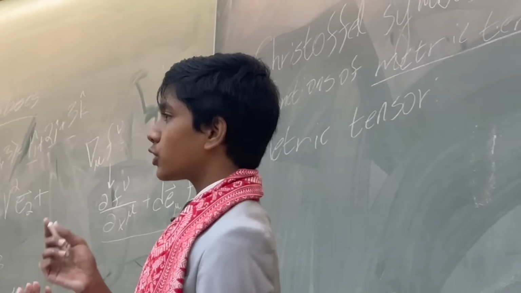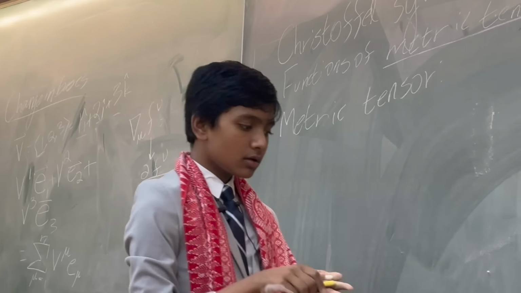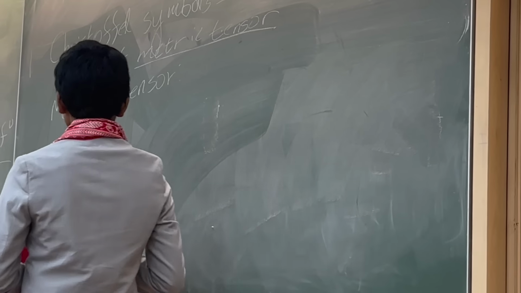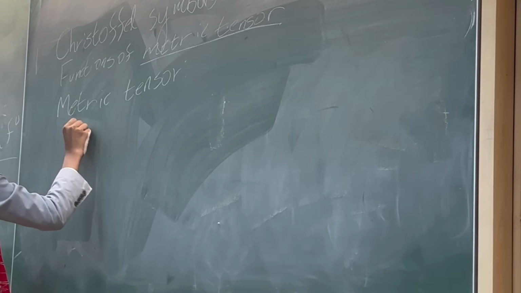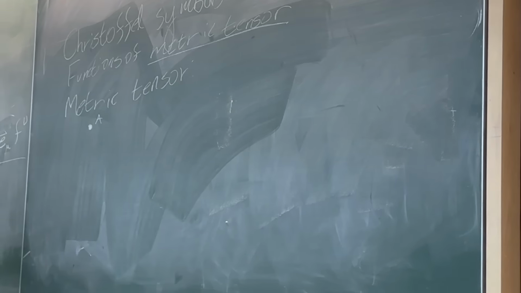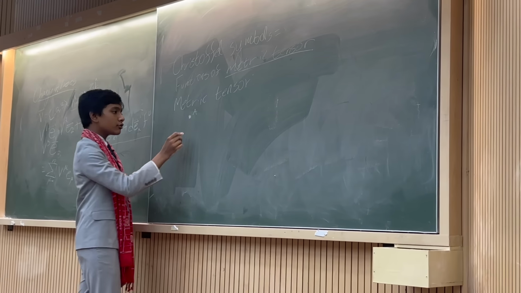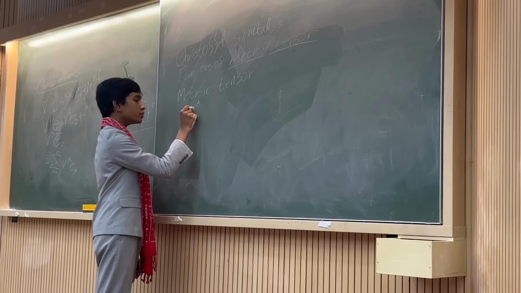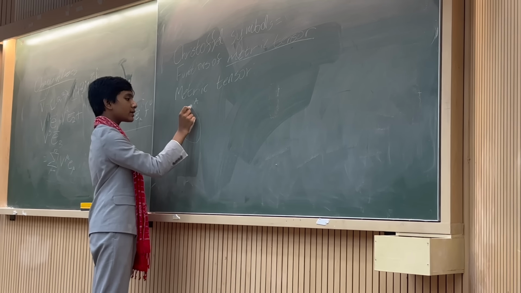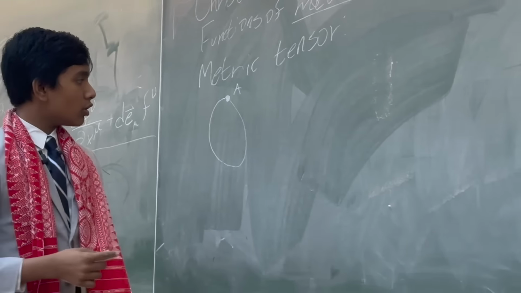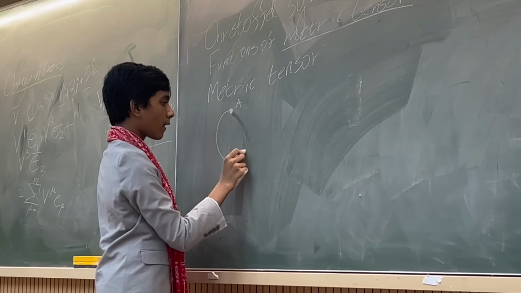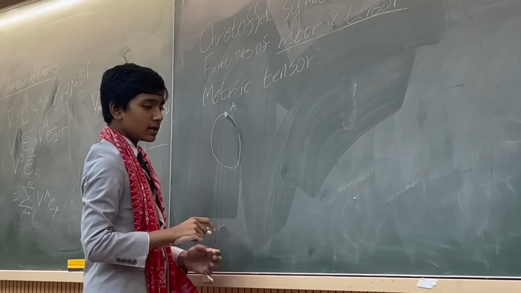Let's say I want to know the curvature of a space. What I can do is first take one point, and I'm going to draw a closed loop that's differentiable everywhere. It goes all the way back to this point. So over here, what we get is this.